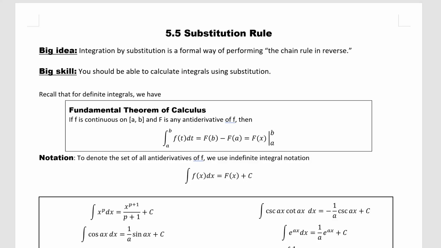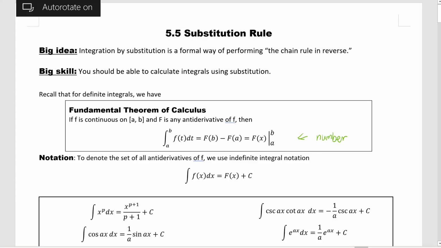And notation: to denote the set of all antiderivatives of f, we use indefinite integrals. So you can see the definite integral gives us a number, and the indefinite integral gives us a family of antiderivatives. So this is a family of functions.